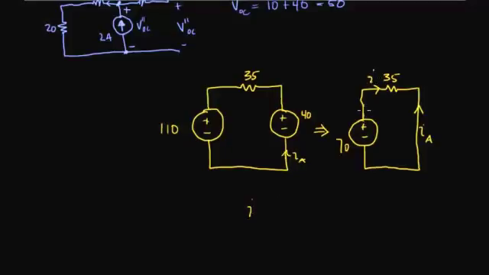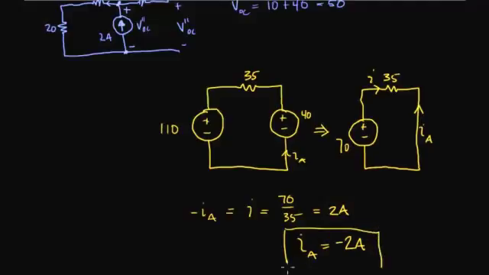Let's call this I, negative IA equals I, which equals 70 divided by 35, which equals 2 amps, right? And so IA is equal to negative 2 amps. And that's the solution to that problem.